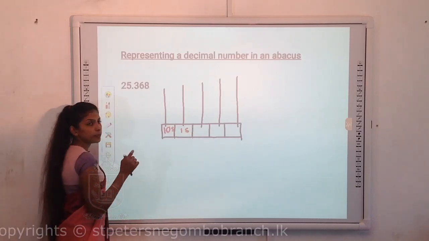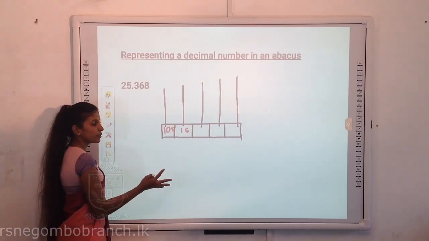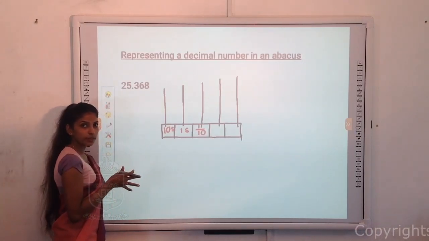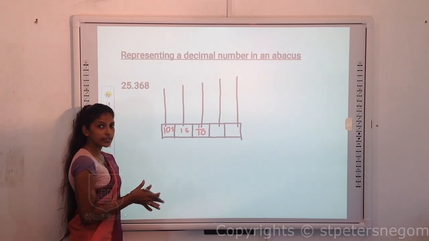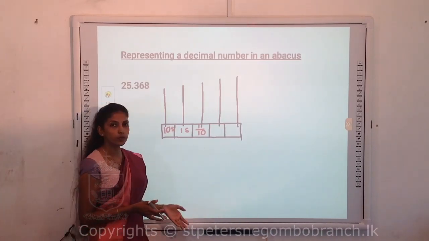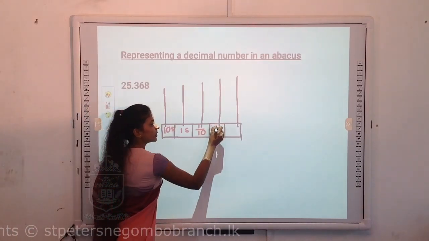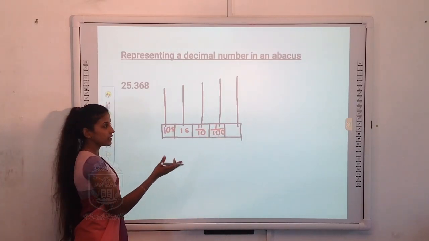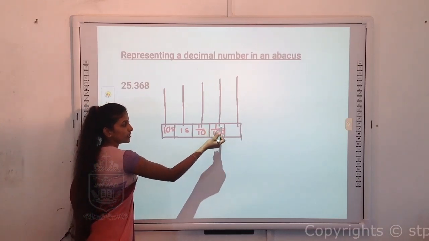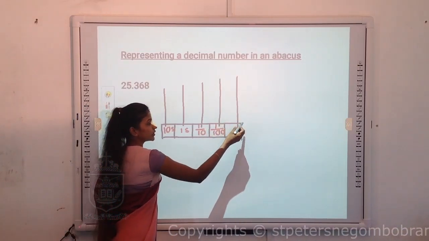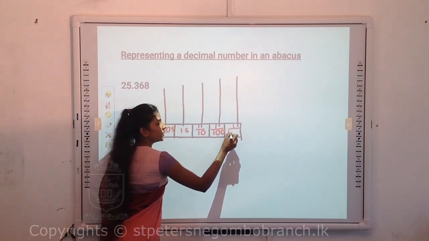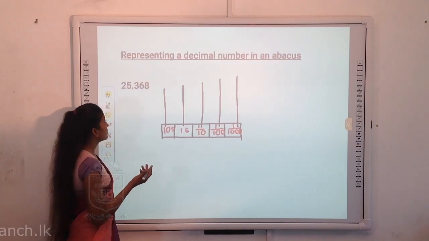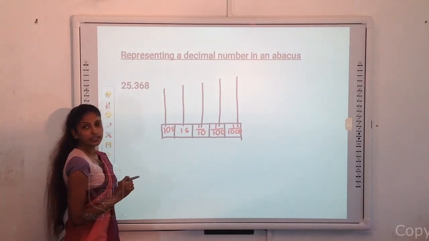And the first decimal place, as I told earlier, we can represent as 1 over 10, since numbers are going to decrease. The second decimal place can be denoted as 1 over 100, since it is the second decimal place, 2 zeros, that is 100. The third can be taken as 1 over 1000 because it is the third decimal place. After that, you have to draw the numbers on the abacus.